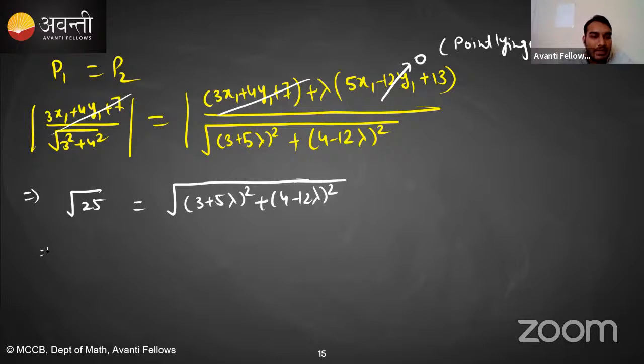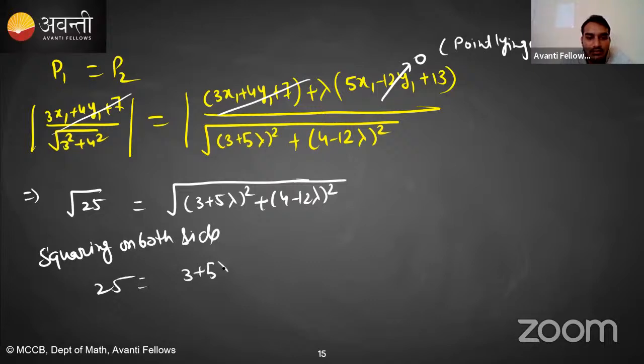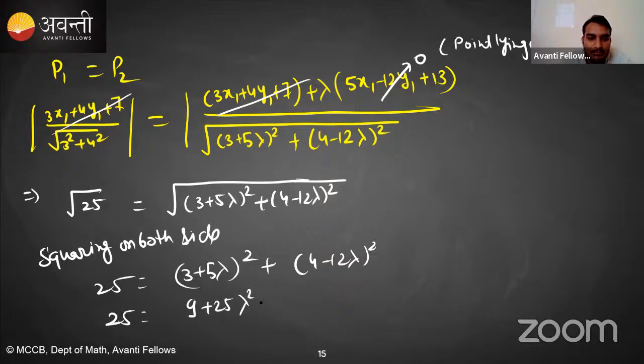Clear? So squaring on both sides, what will you get? 25 is nothing but (3 plus 5 lambda) का square plus (4 minus 12 lambda) whole square. Is this clear? So now open this. Open kar lo. What will you get? A square plus b square plus 2ab.